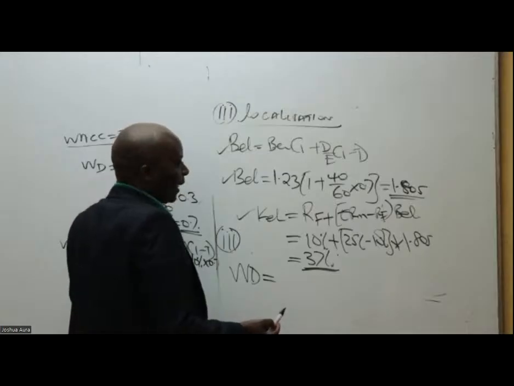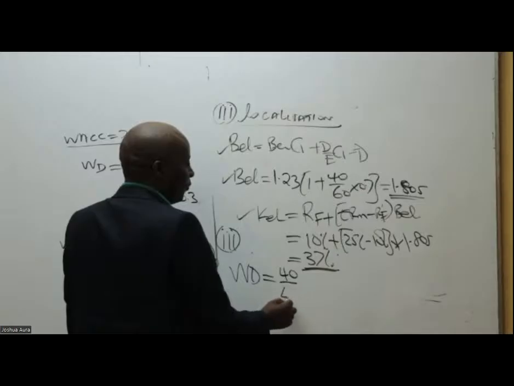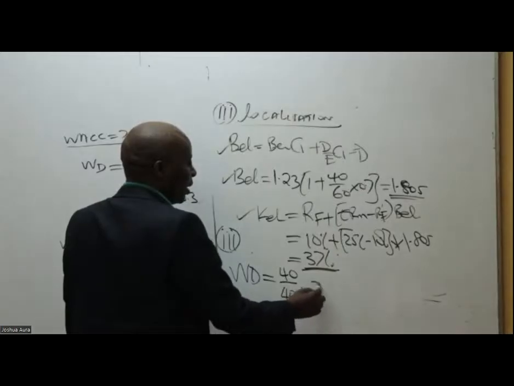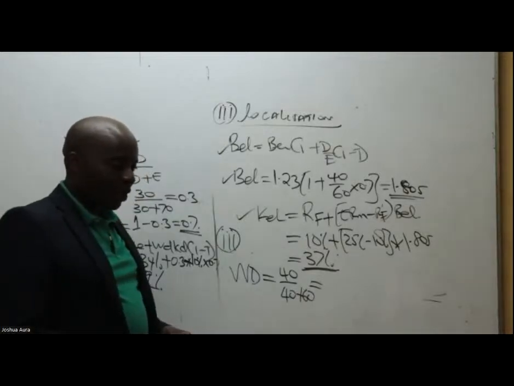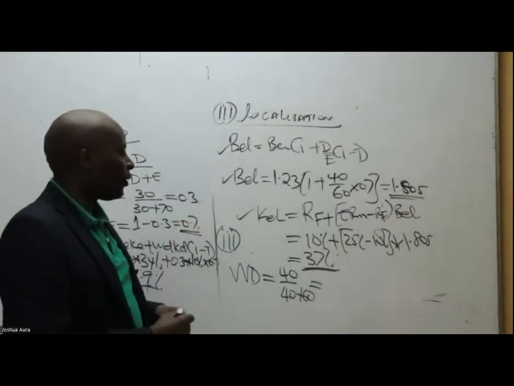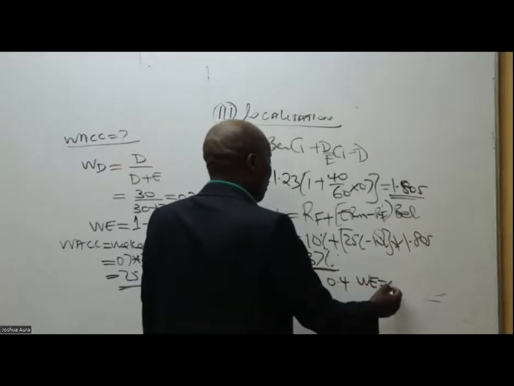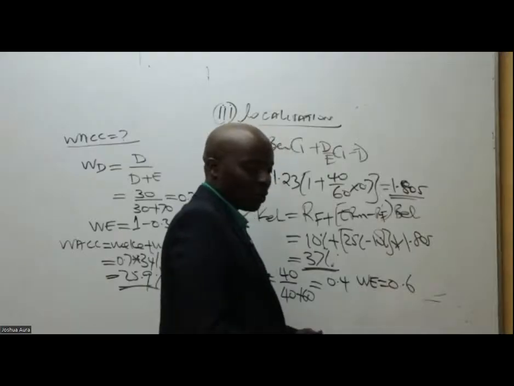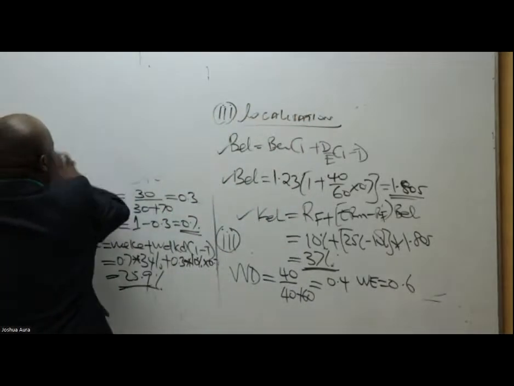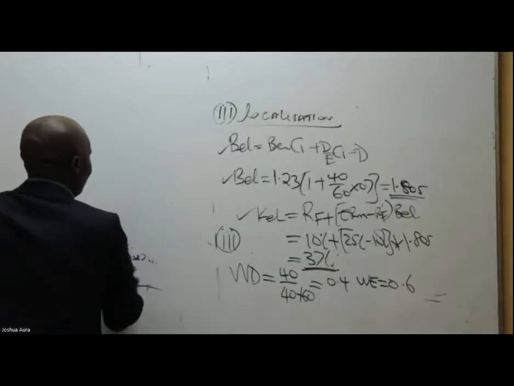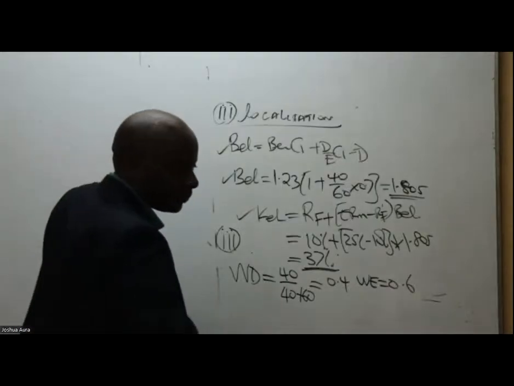Weight of debt is 40 over 40 plus 60, which is 0.4. And if debt is 0.4, then weight of equity will be 0.6.